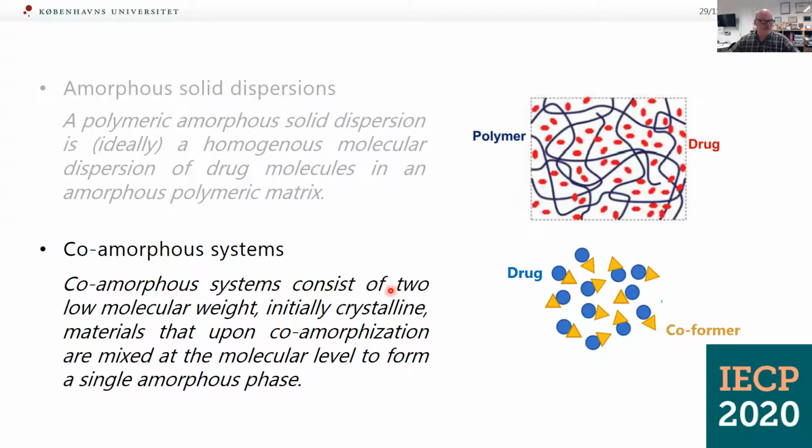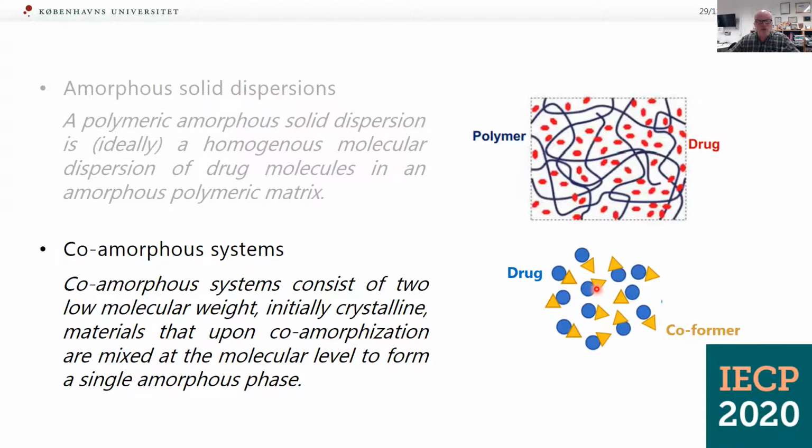A co-amorphous system consists of two low molecular weight, initially crystalline materials that upon co-amorphization are mixed at the molecular level to form a single amorphous phase. So rather than having a dissolution of the drug in the polymer, where the drug is the solute and the polymer is the solvent, here we oftentimes are looking at interactions between drug and co-former, and that can lead to short-range molecular order, and that can bring about a co-amorphization, especially if these binary systems, these heterodimers, have nowhere to go.